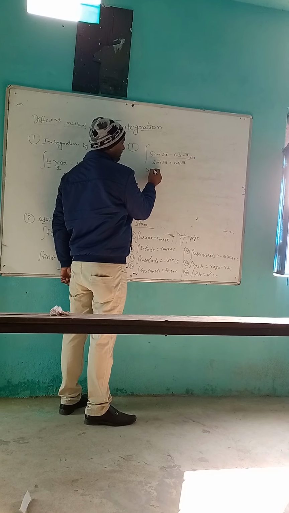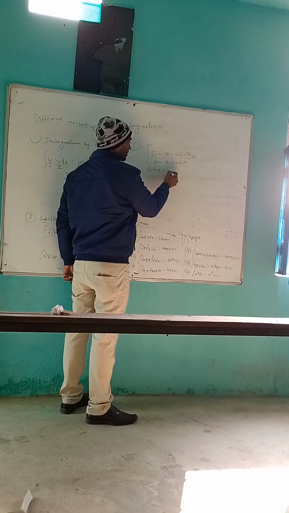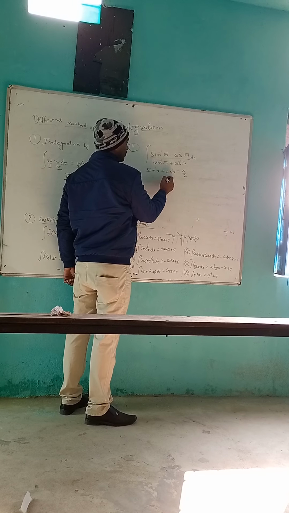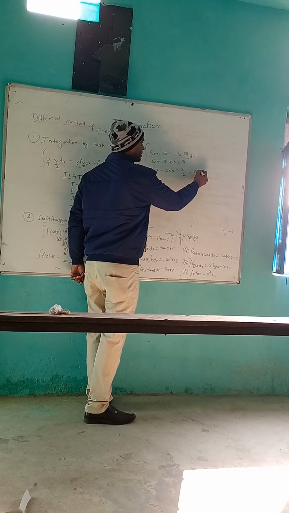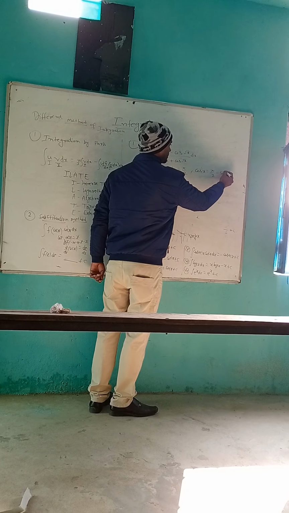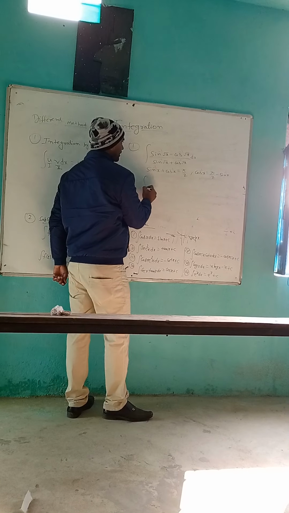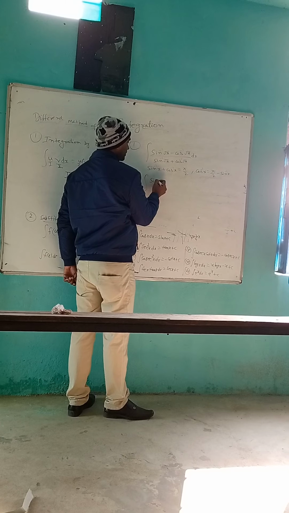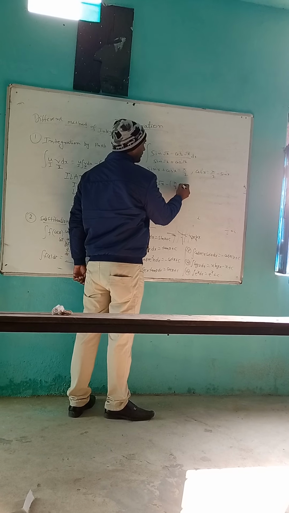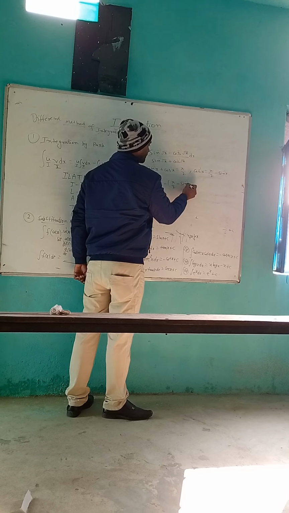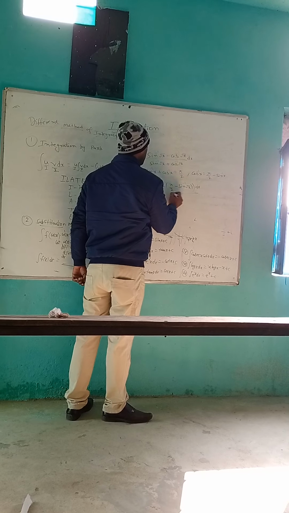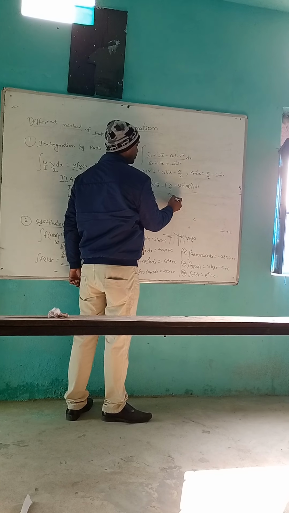So we know sin inverse x plus cos inverse x equal to pi by 2. So we can write cos inverse x equal to pi by 2 minus sin inverse x. So we can write the numerator as sin inverse root x minus pi by 2 minus sin inverse root x, and the denominator equal to pi by 2.